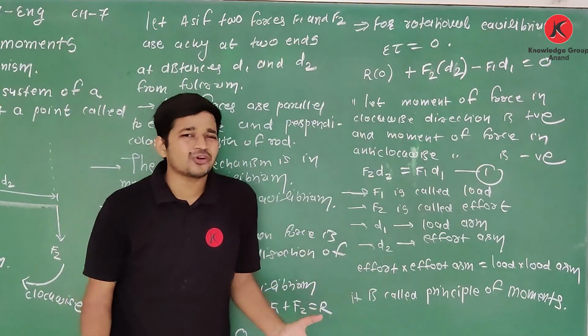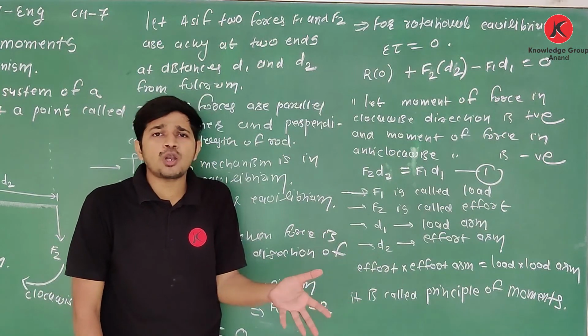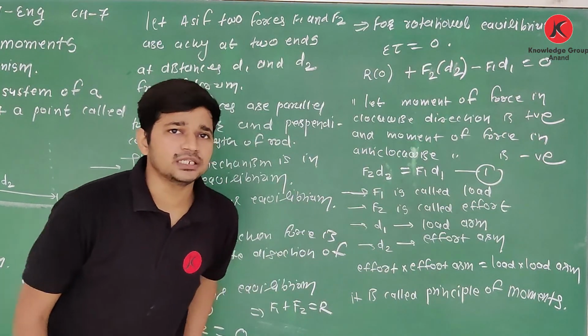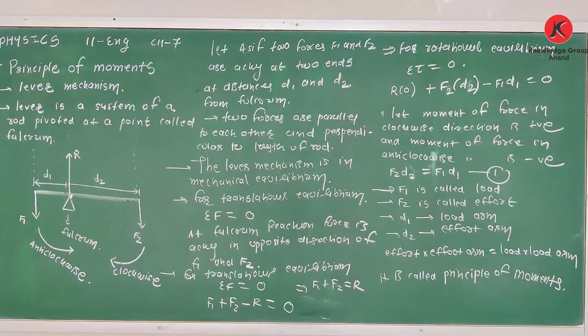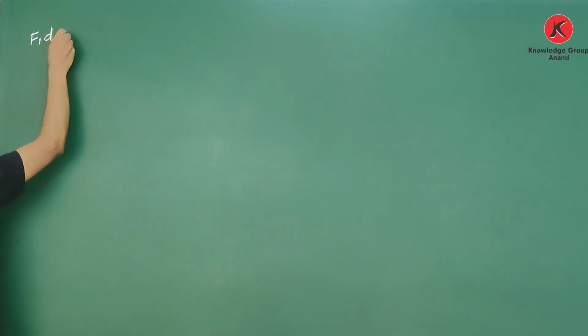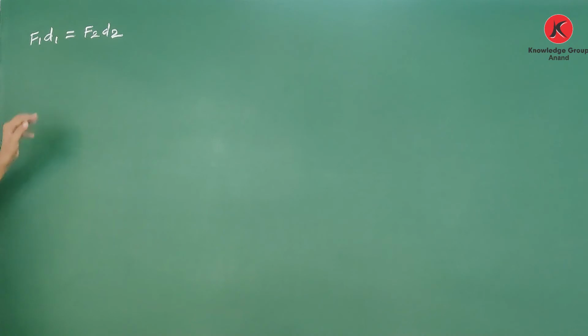Now what is the use of this? F2 D2 is equal to F1 D1, so what is the use of this? We will see this by taking one example. The equation is F1 D1 is equal to F2 D2.